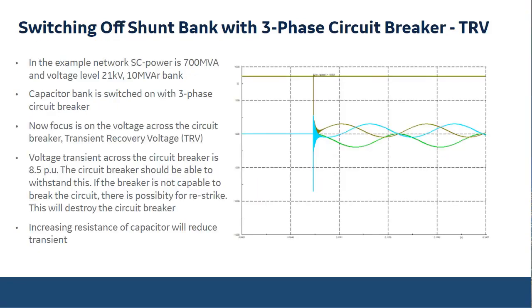Okay, and then there is this very important thing. In renewable zones anywhere, you have to take into account that when you switch off a capacitor bank with a circuit breaker, there is this transient recovery voltage.